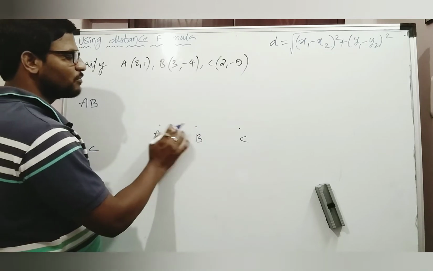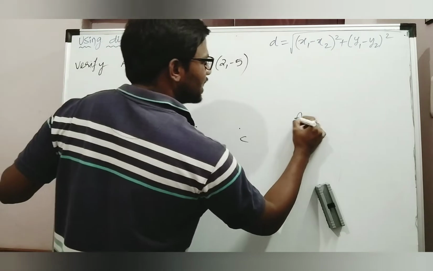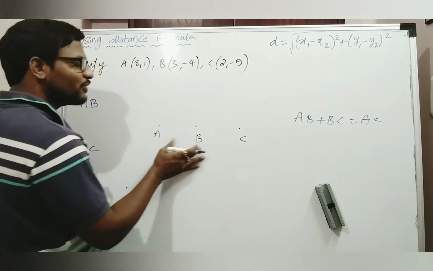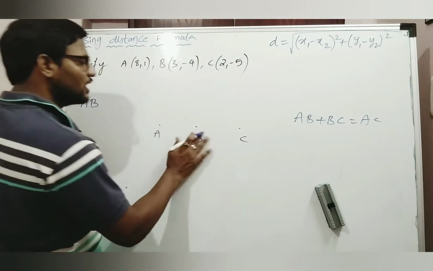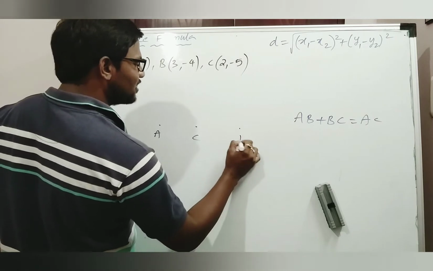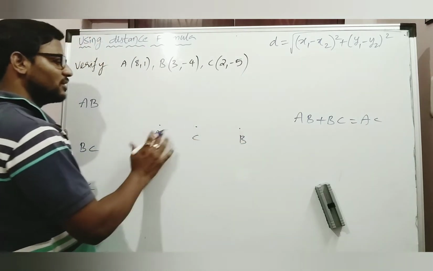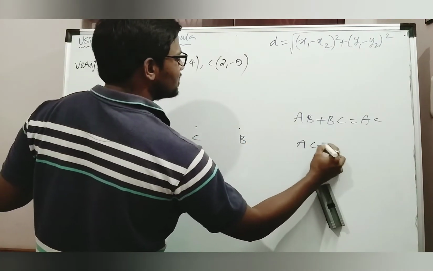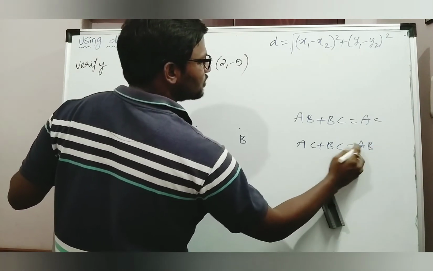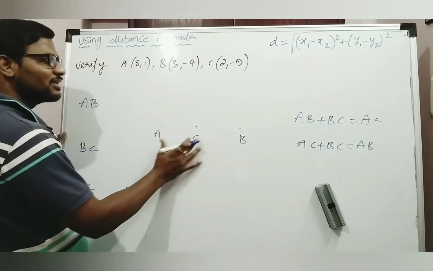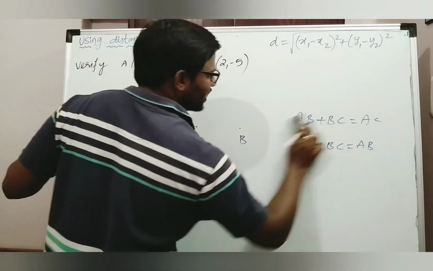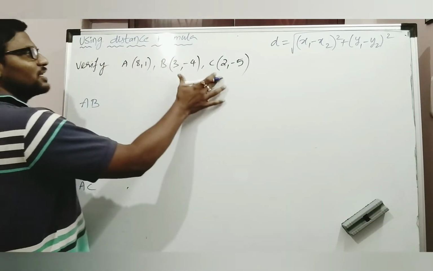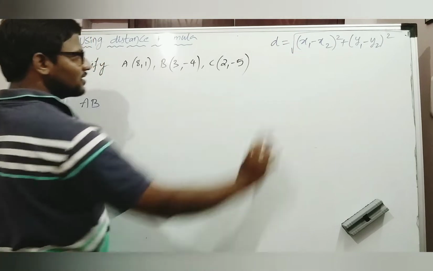If AB plus BC equals AC, then A, B, C are collinear where B is between A and C. If AC plus BC equals AB, then also A, B, C are collinear, but C is between A and B. If AB plus AC equals BC, these 3 points are collinear, with A between B and C. So to verify these 3 points are collinear, we have to find the length of AB, BC and AC using the distance formula.